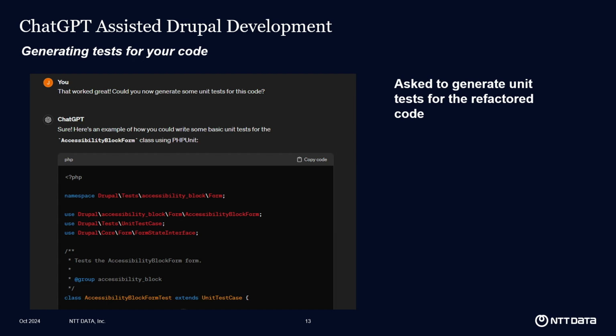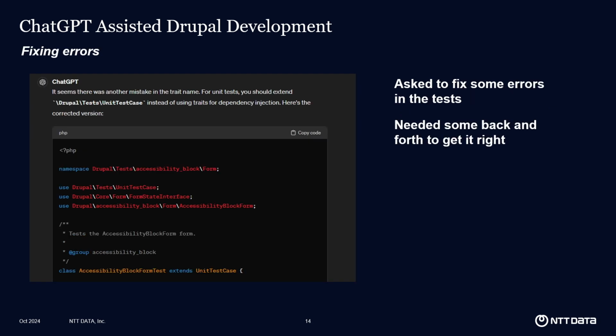Could it at least point me in the right direction? The answer, not really. In this use case, the results were not great. I still played around with it a bit, tried to get it to point in the right direction, but it was more trouble than it was worth in this case.